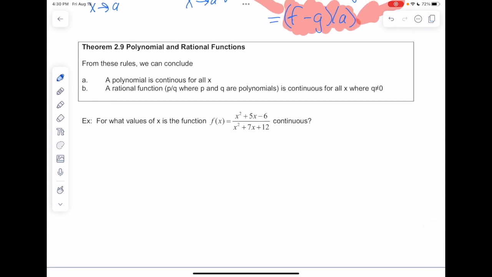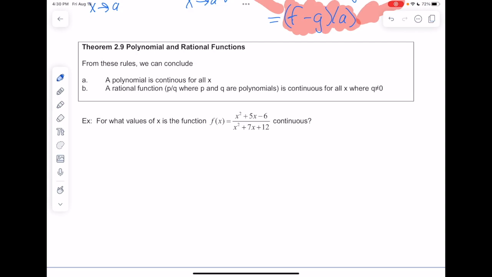So theorem 2.9, polynomial and rational functions. From the rules up above, we can conclude that a polynomial is continuous for all its values of x, because a polynomial is just made up of values of x raised to powers and multiplied by constants and added to other pieces that are similar.